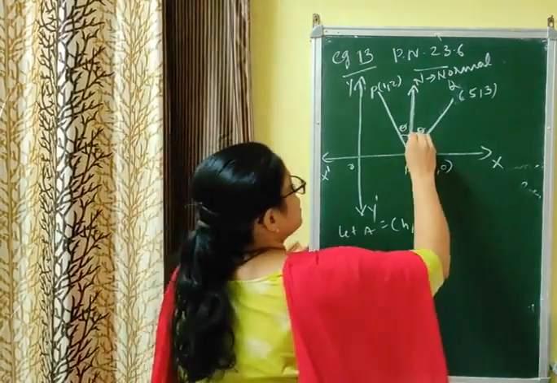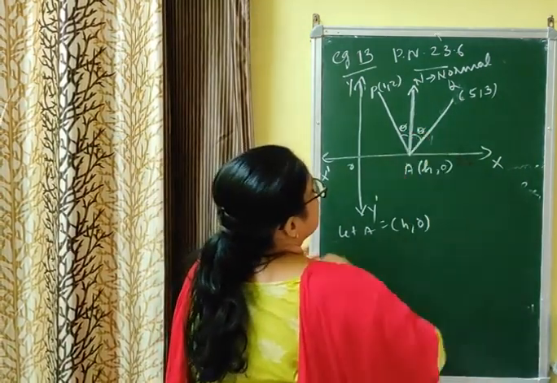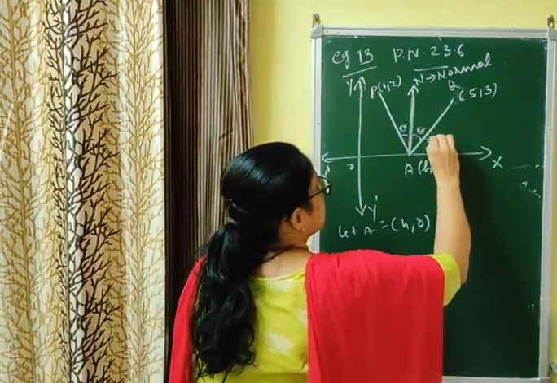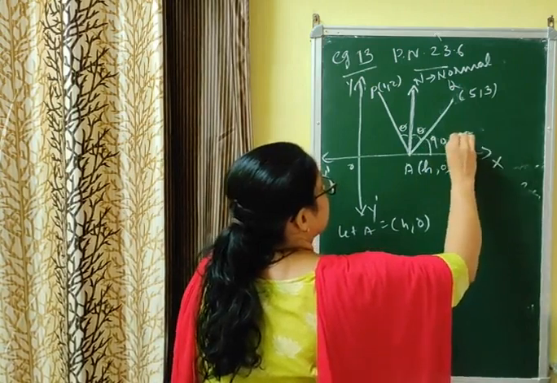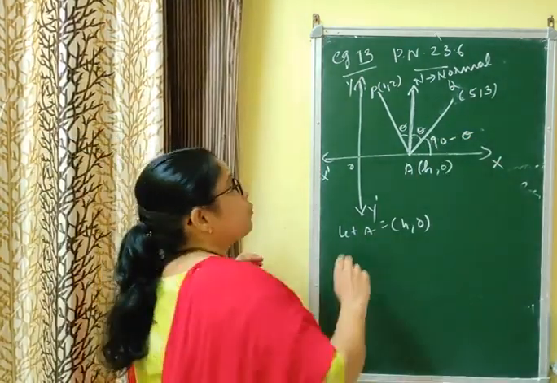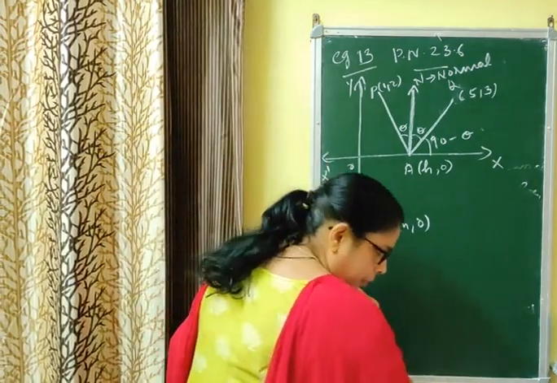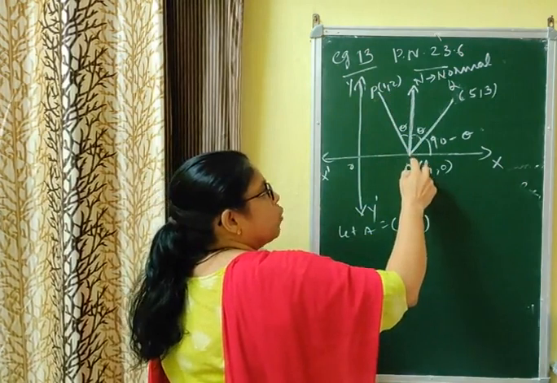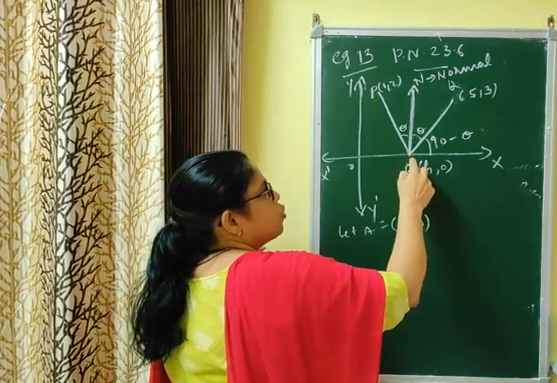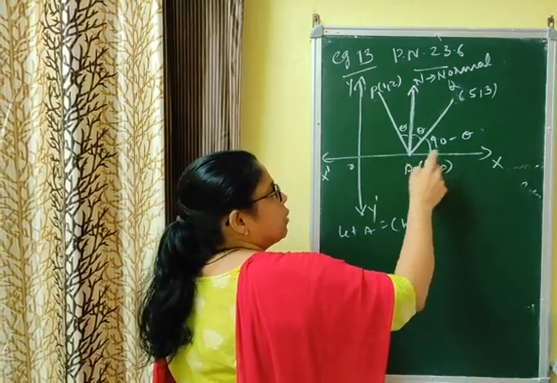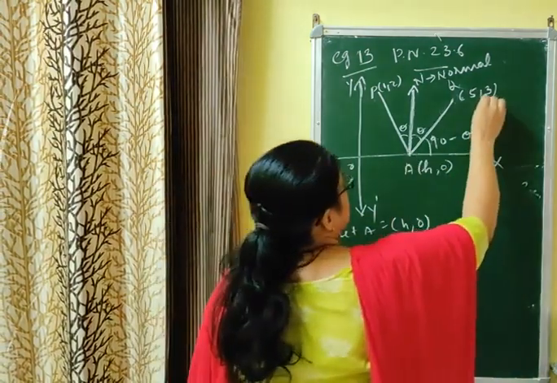Now, since this is 90 degree, ये पूरा 90 degree है, this is theta, then remaining angle is 90 minus theta. Question is little bit difficult. ध्यान से समझना. You are given a ray of light which is passing through the point 1, 2, which is reflecting on x-axis. And we have assumed the point at which it is reflecting is A, h, 0, since it is on x-axis, and the reflected ray is passing through 5, 3.